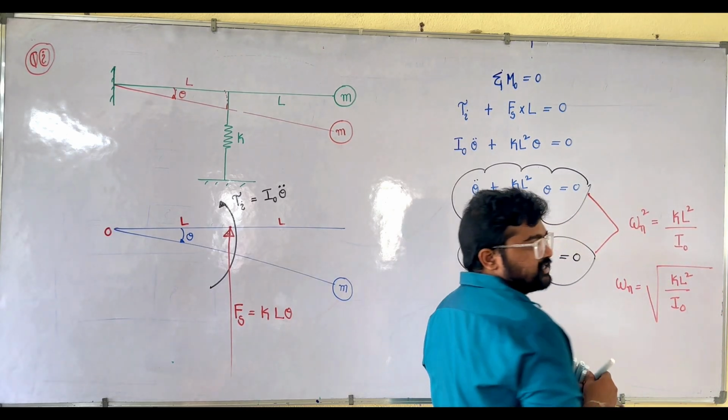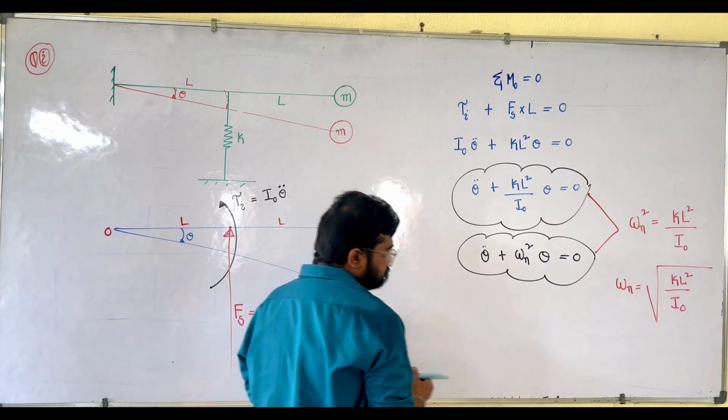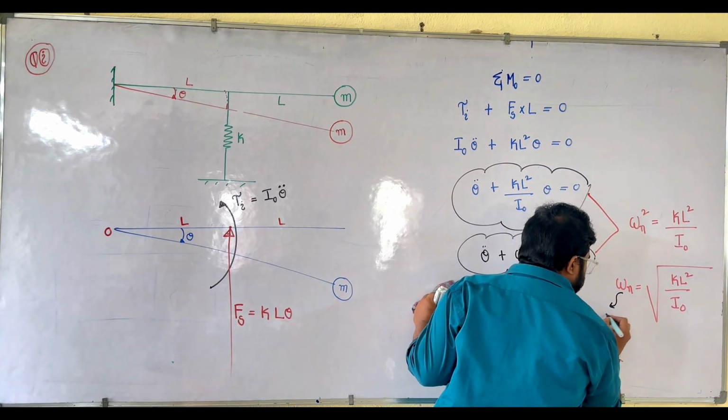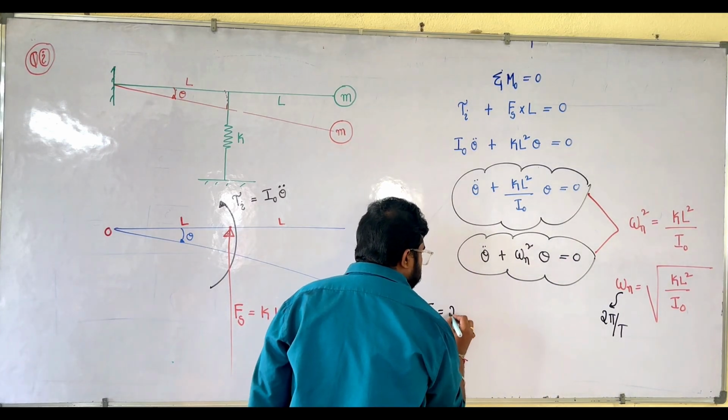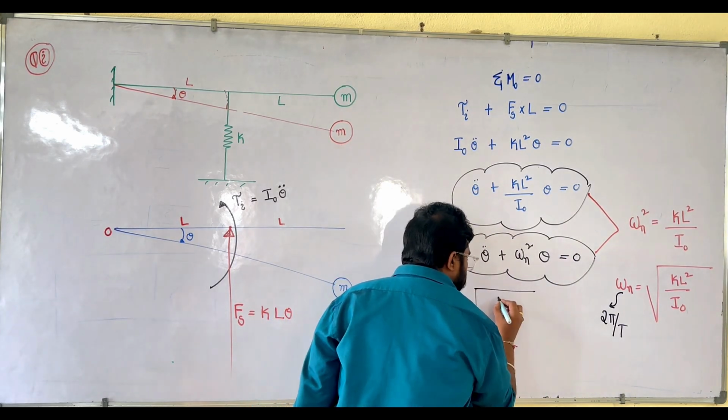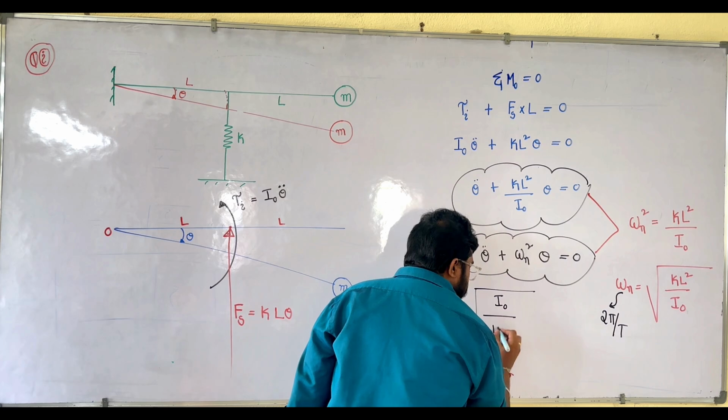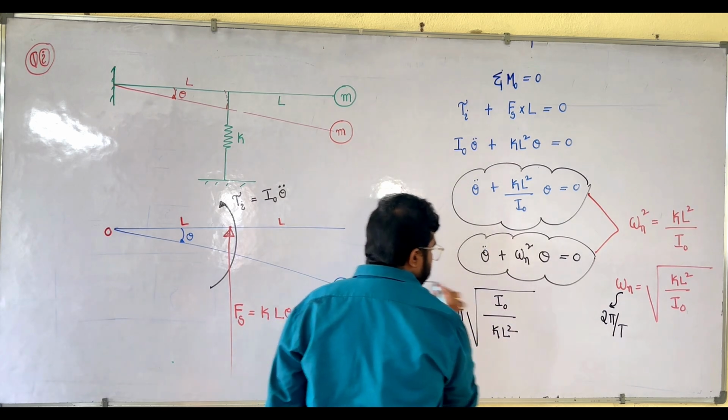So omega n equals square root of K L square by I naught. The time period is 2 pi by omega n, so T equals 2 pi square root of I naught by K L square.